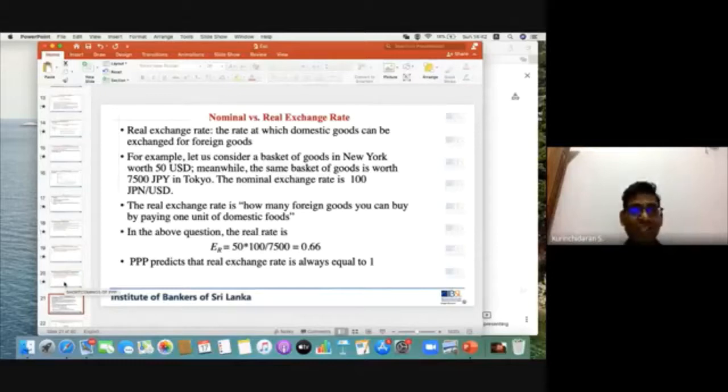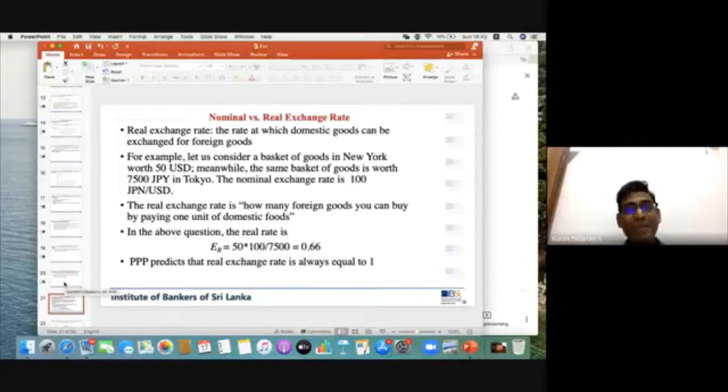So what is the real exchange rate? When it comes to real exchange rate, we look at how many foreign goods you can buy by paying 1 unit of domestic goods. If you give 1 unit of domestic goods, how many foreign goods can you buy? Now what is the price of domestic goods? 7,500.